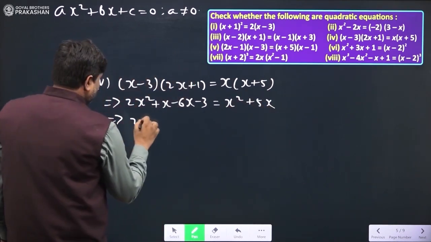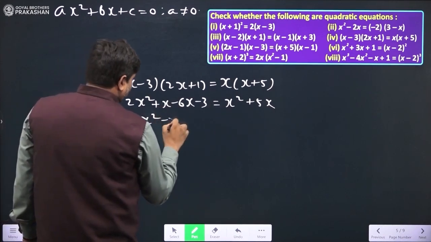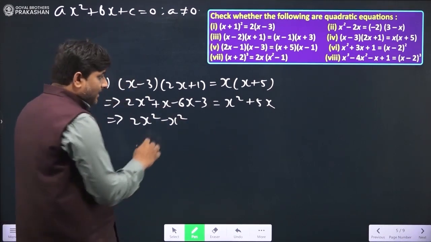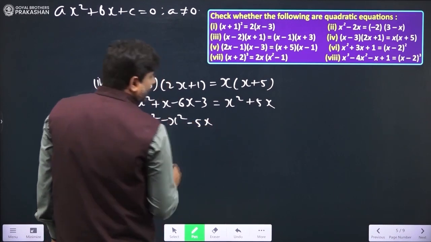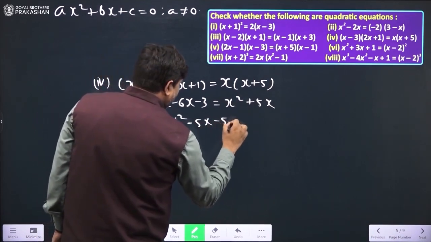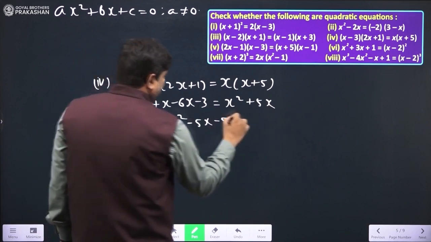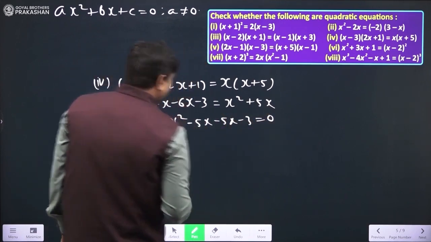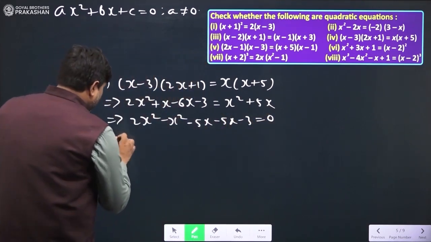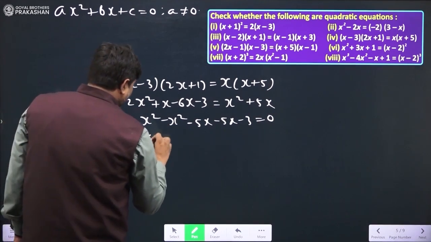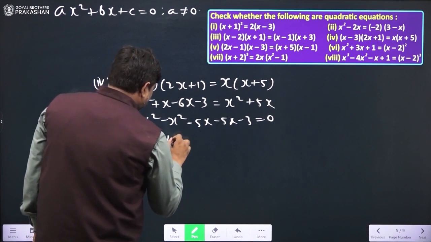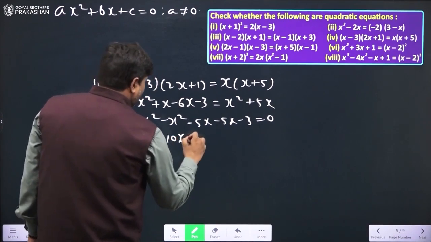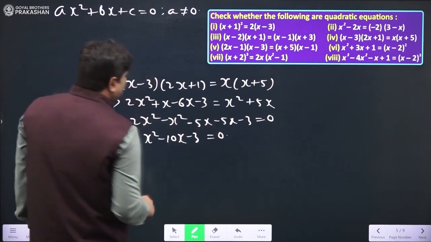So now this is 2x square minus x square. x minus 6x is minus 5x. And this 5x comes from RHS, it is also minus 5x. This minus 3 as it is equal to 0. So it means it is 2x square minus x square is x square minus 5x minus 5x is minus 10x minus 3 is equal to 0.